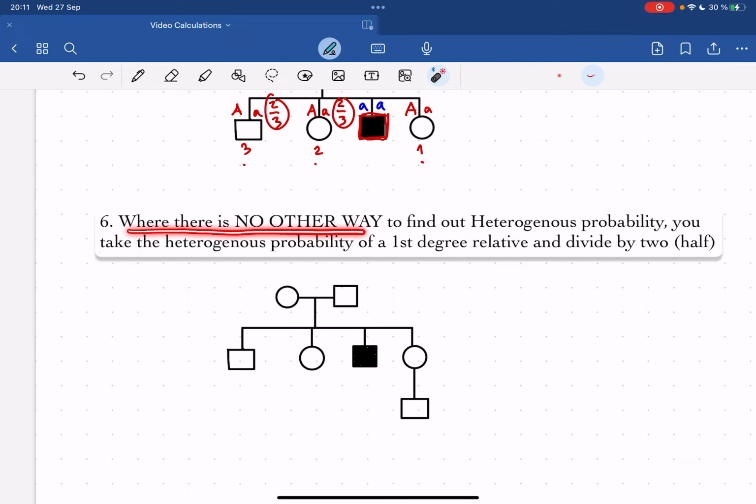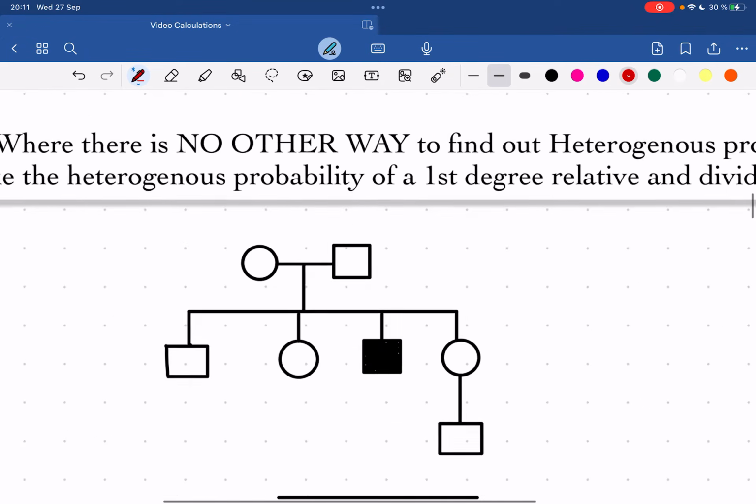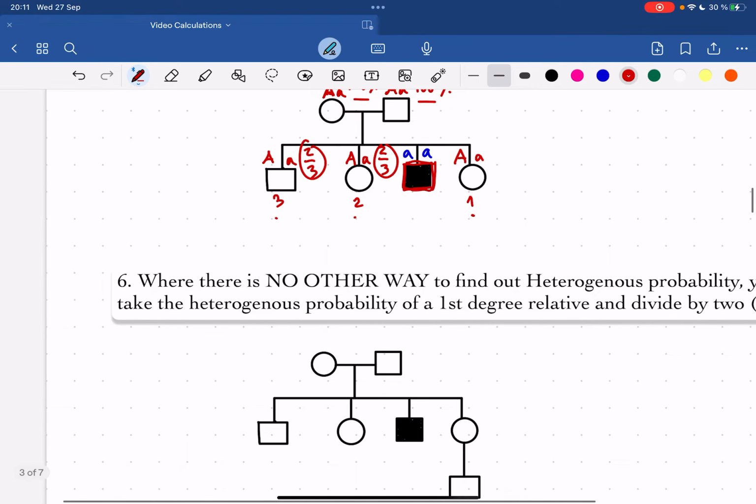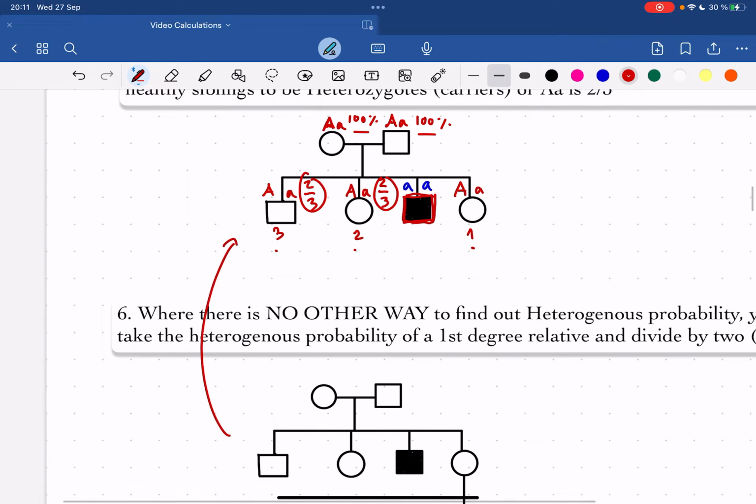Where there is no other way to find out heterozygous probability, you take the heterozygous probability of a first degree relative and divide it by 2. I know this sounds a little bit nuts, so let's just explain. Let's take the heterozygous probability from the question above, right? Because we just did that. We know that this kid is 100% affected because they're colored in.